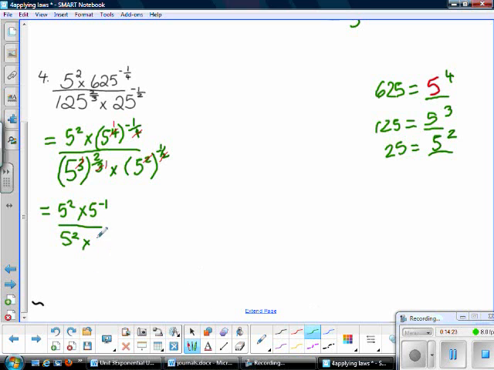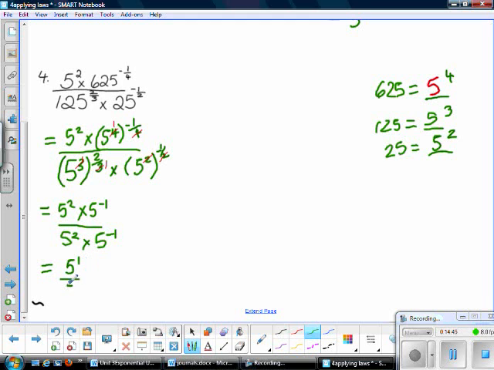Now you maybe recognize already that both the numerator and denominator are identical, so I do know my answer is going to be 1, but let's finish it using just exponent laws for a second. So this would be 3 plus a -1, so that's 1.